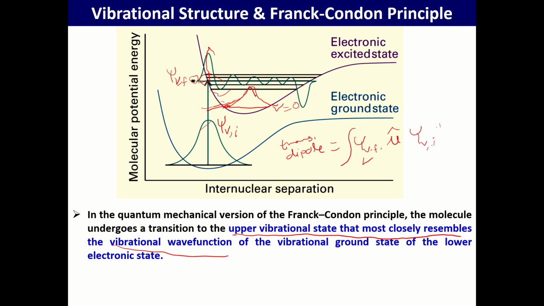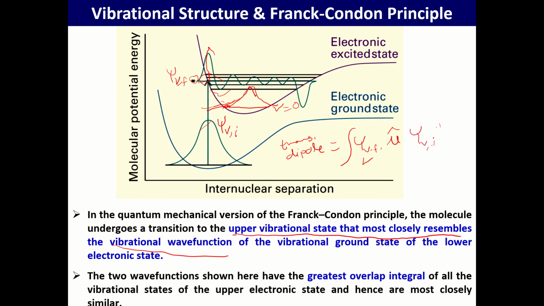So that is the quantum mechanical explanation that we have for this kind of thing. So greatest overlap integral. This is what we define by overlap integral. This is what is called the overlap integral: the integral having the operator in the middle and the wave functions of final and initial states.